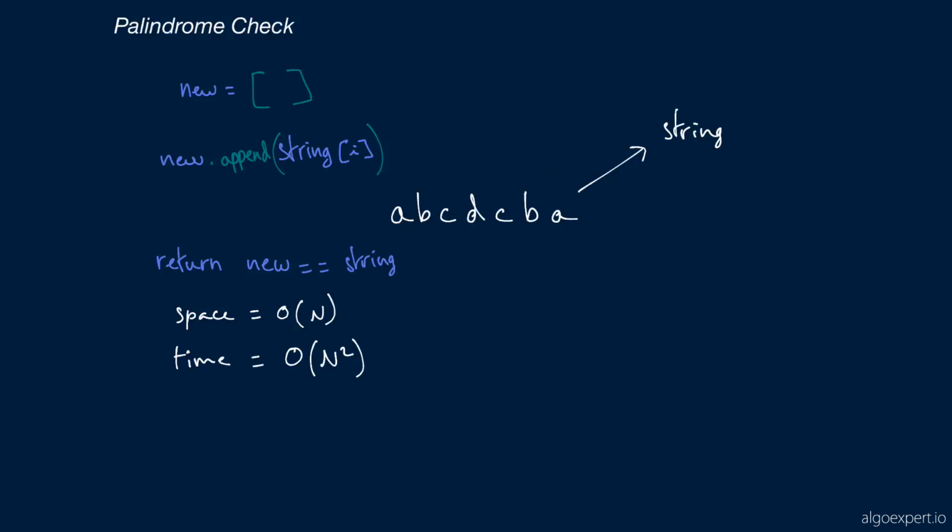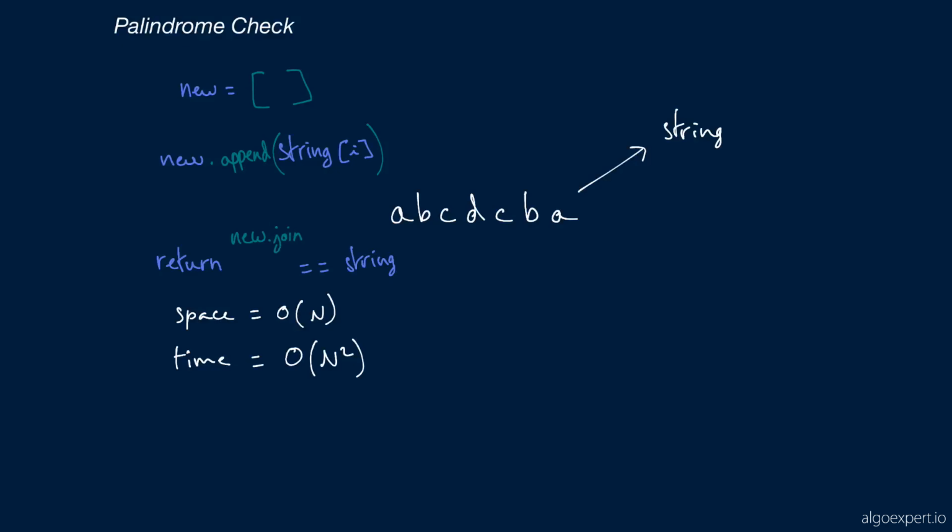So we push A into the array, B into the array, C into the array, D into the array, etc. And then at the very end, instead of returning new equals string, we do something along the lines of, and here I'll just write pseudocode, new dot join.